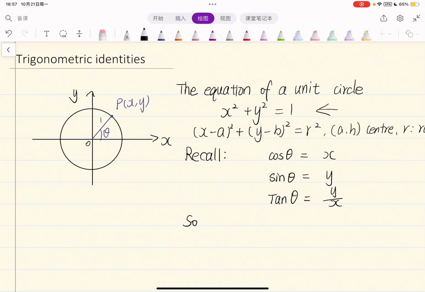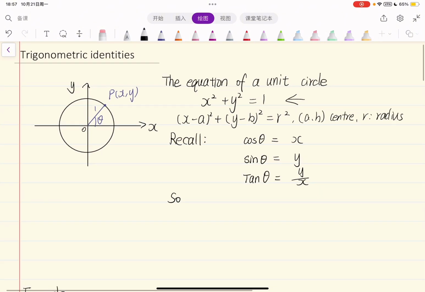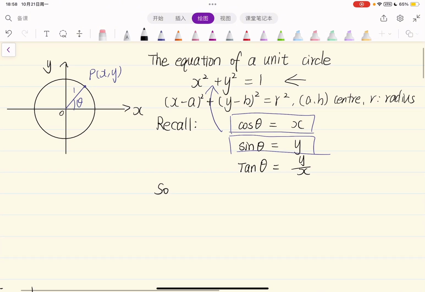Then we can substitute cosine theta equals x and sine theta equals y into the equation of the unit circle. What we have is cosine squared theta plus sine squared theta equals 1.